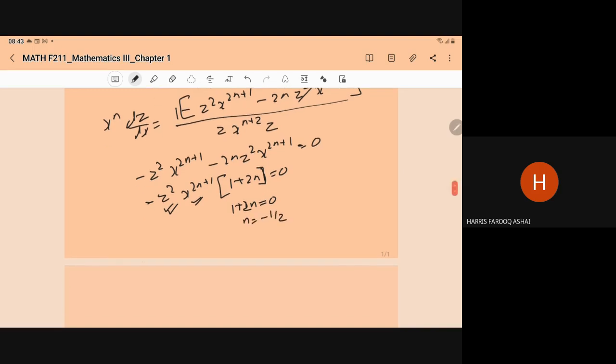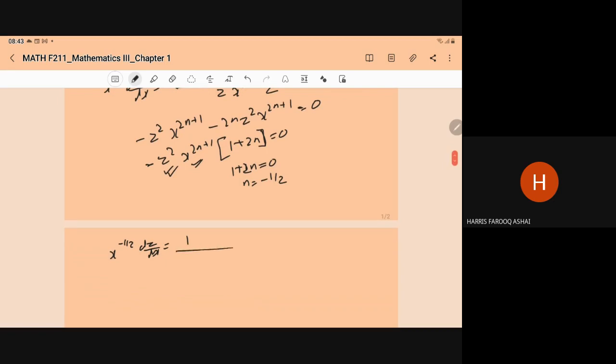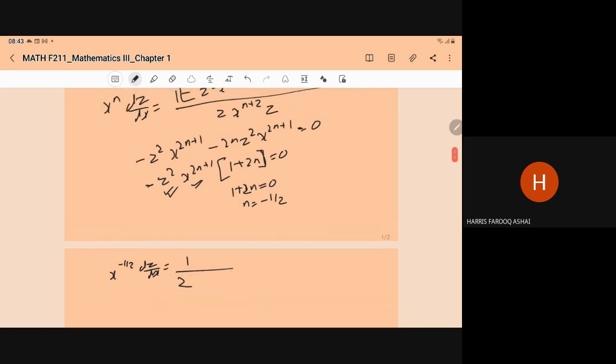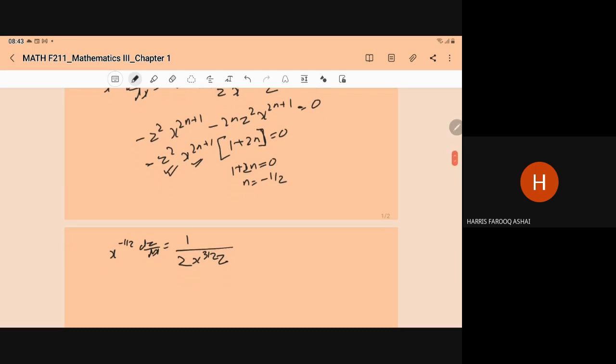As you substitute n is equal to minus half, it will give you x to power minus half dz by dx is equal to 1, because this part is 0, and in the denominator we have 2 x to power minus half, so it will become 3 by 2 z.